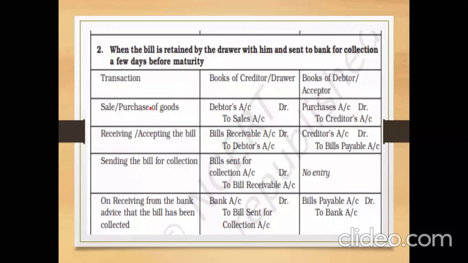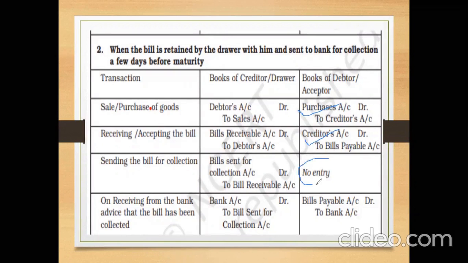Same way in the books of drawee. First of all, when he makes a credit purchase, he creates a creditor: purchase account debited to creditor, then creditor to bills payable.